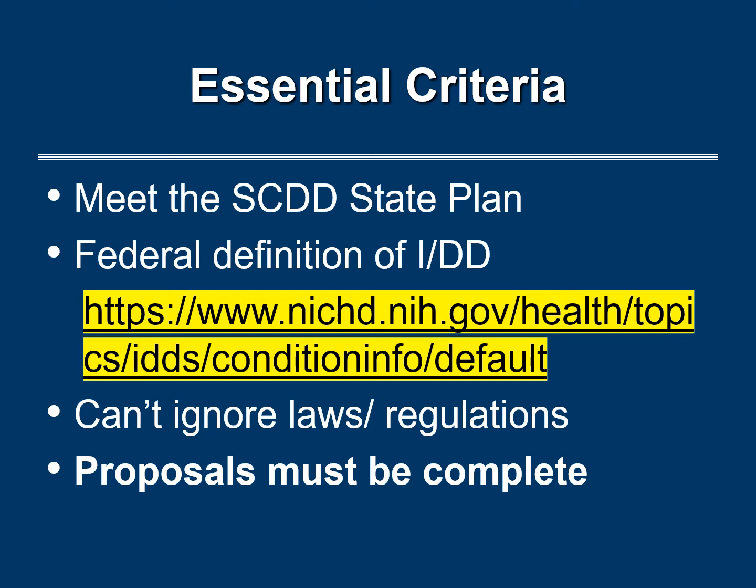Your proposal must address the goals and objectives for your region. It must serve people who meet the federal definition of intellectual developmental disability. The federal definition is a little different than California's definition. Here is where you can find the federal definition.